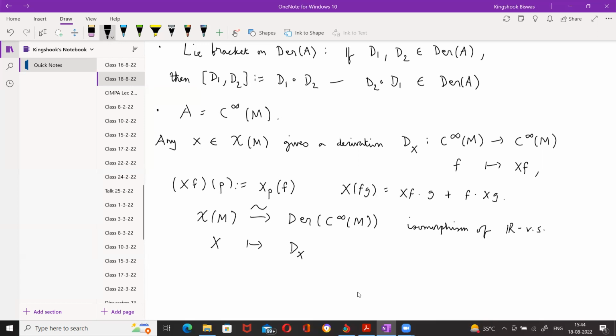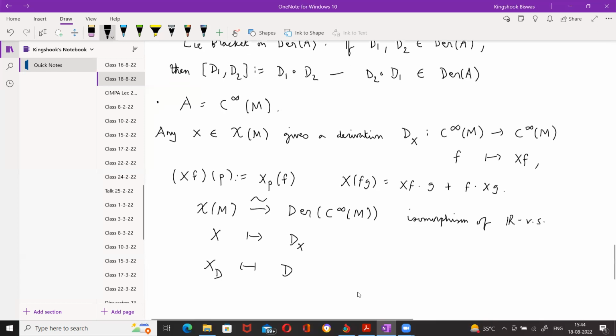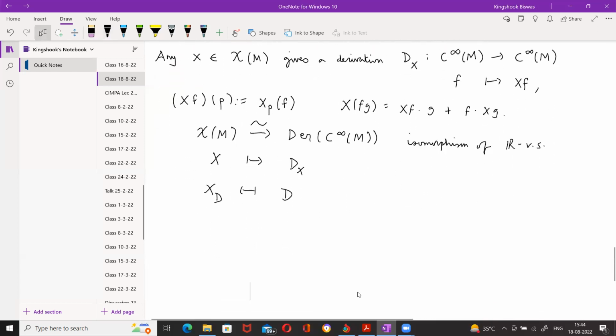It's in the notes, but I don't want to spend too much time on this. It's not very difficult. To show it's an isomorphism, I define an inverse of this map, a map in the opposite direction. That's done in the notes. I'll just briefly say how you define this.